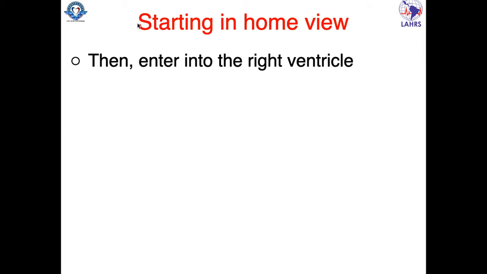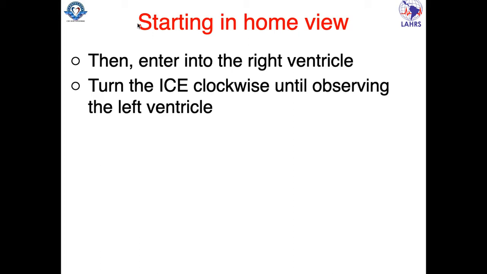How do we start? We start with the classic home view. The home view is the view where we can see the tricuspid valve. Then we flex the ICE catheter and push it in order to enter the right ventricle.